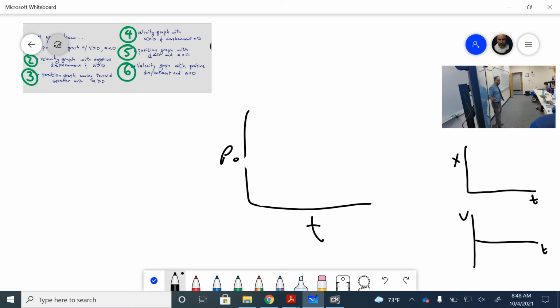This is just the shorthand that we're using. So position for us, like with our lab setup, there's no way to get on the other side of the detector, so it always looks like that. So we need a position graph that has positive velocity. So we have to have positive slope here. How do we show positive slope but also have negative acceleration?